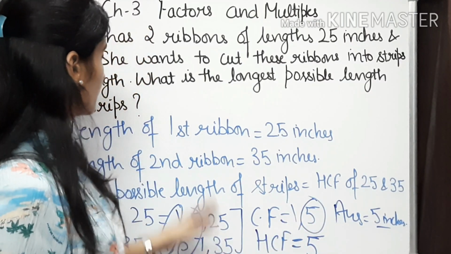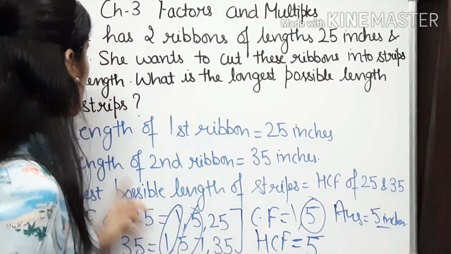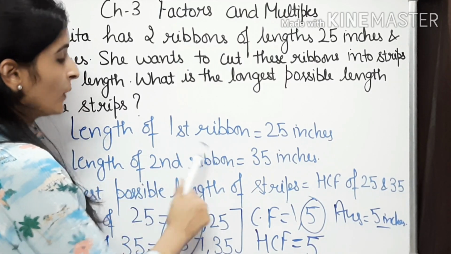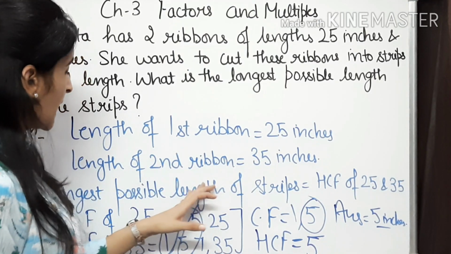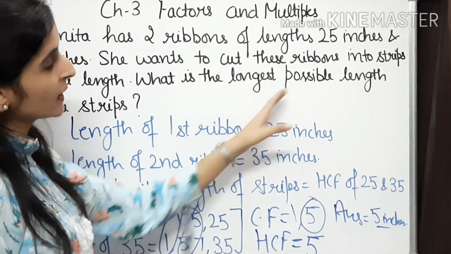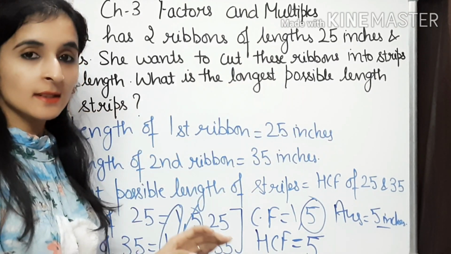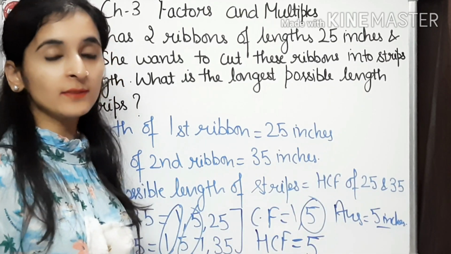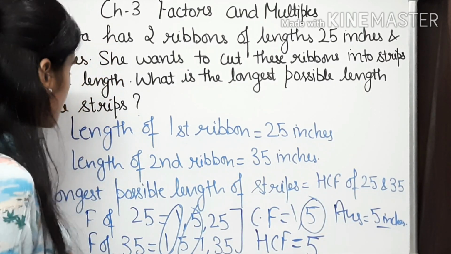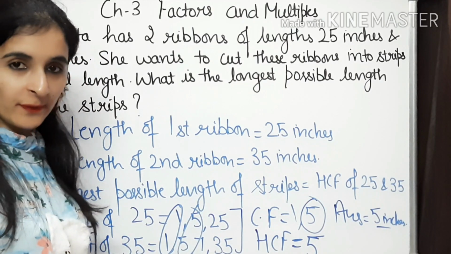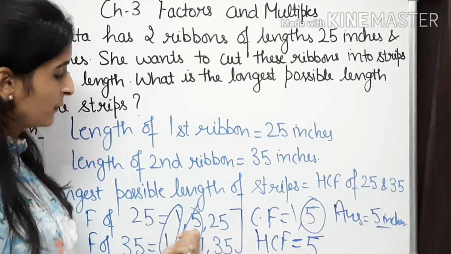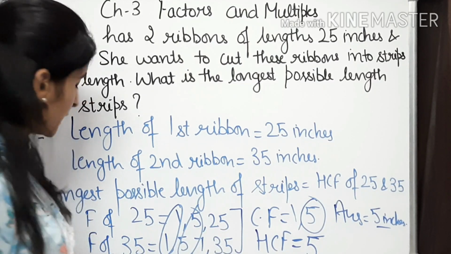So what we have done in this question: we were given the length of the first ribbon and the length of the second ribbon, and we had to find out the longest possible length of the strips. For that, we find the HCF of 25 and 35. We have taken the common factor method here, and the factors of 25 are 1, 5 and 25.